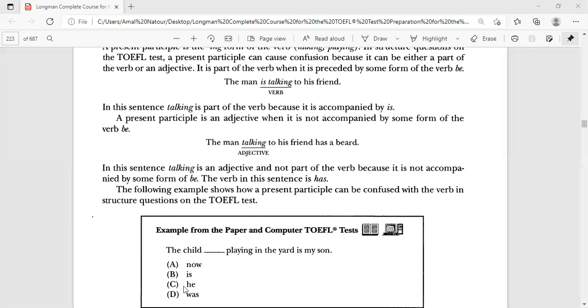He plays the role of a subject, and here I have a subject. So I don't need any of these B, C, D, because is and was play the role of verb, and he plays the role of a subject, and the subject is available and the verb is available. So I need something that does not affect the sentence grammatically. So the best answer is A.